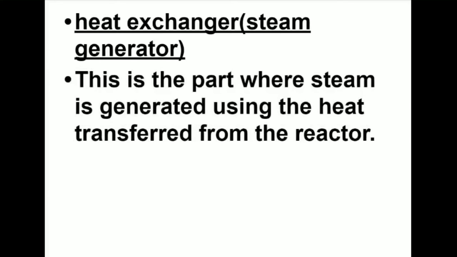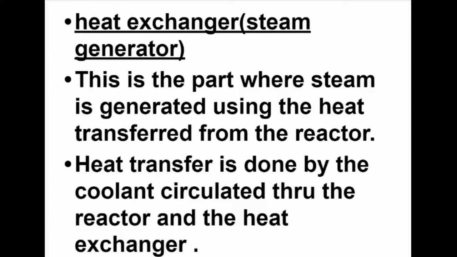Then heat exchanger. Outside the reactor vessel, the next part of a nuclear power plant is the heat exchanger or steam generator. This is the part where steam is generated using the heat transferred from the reactor. The heat transfer is done by the coolant circulated through the reactor and the heat exchanger.